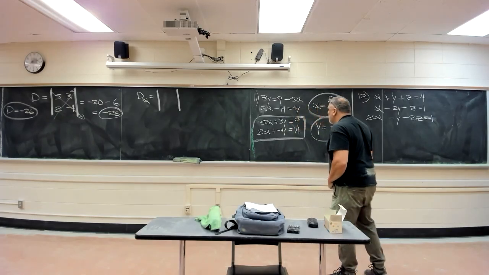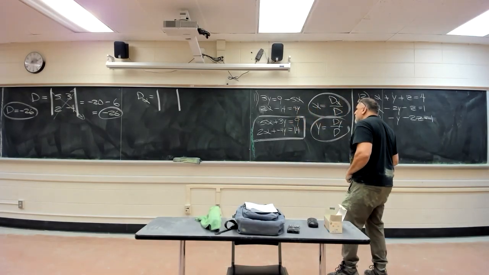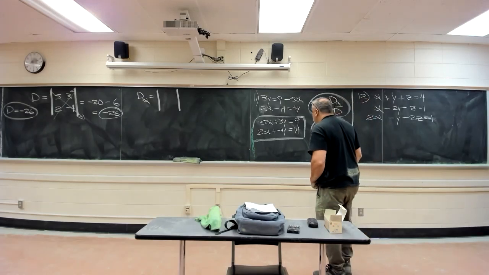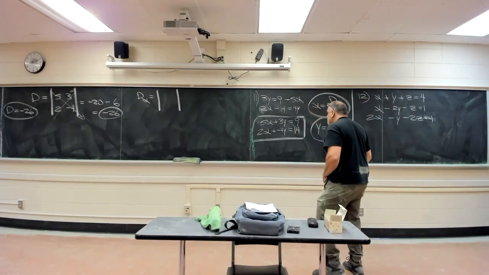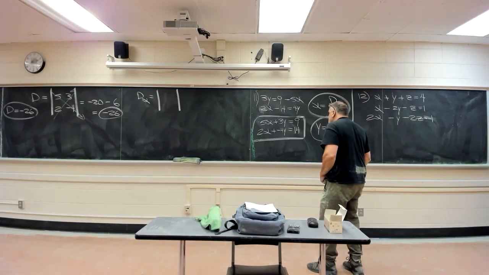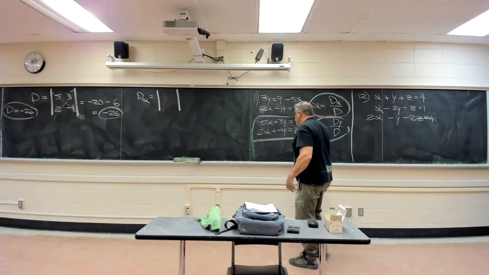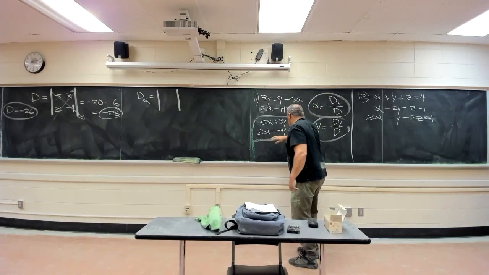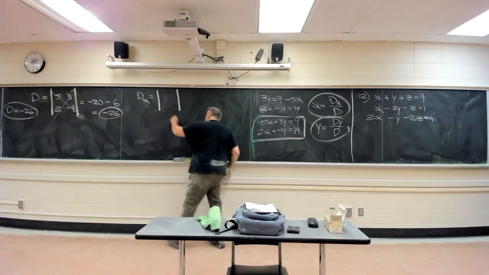I just want to make sure everything is straight on this. Right. Wherever you want to solve for the x, the 5 and the 2 here, you're going to put the constant column, the 9 and the 14, in place of x.